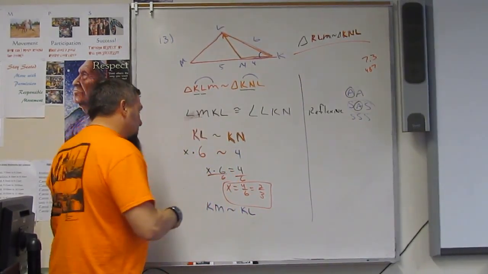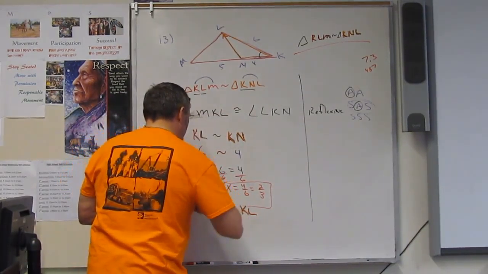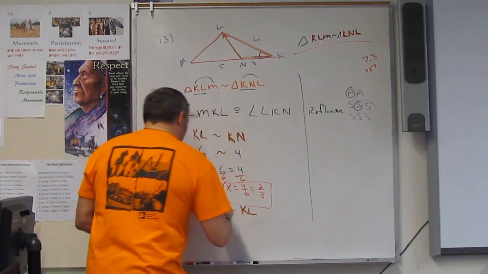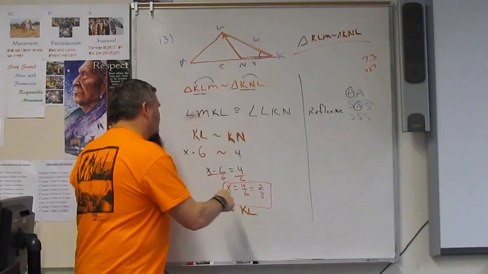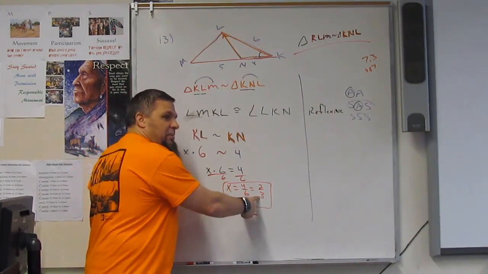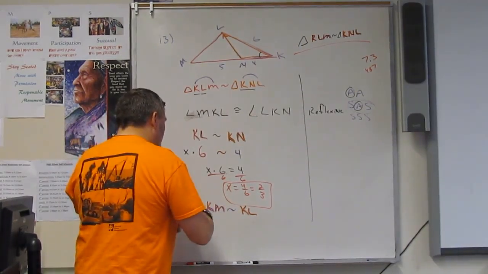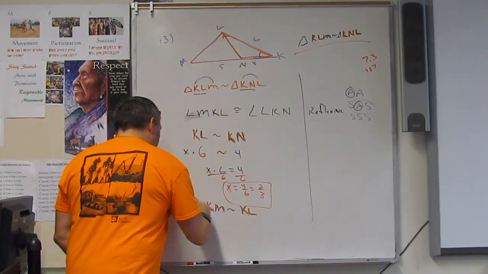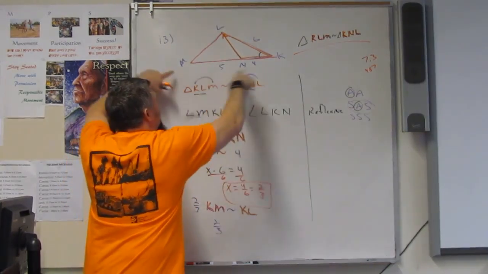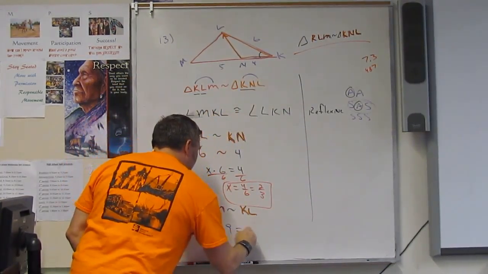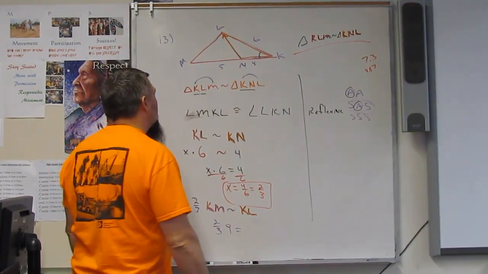And not only that, I need to be able to multiply it by this amount, right? So this 2/3 times KM, which in this case is 9, needs to equal KL, which is 6.